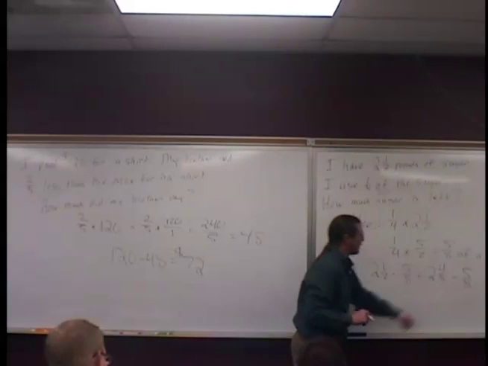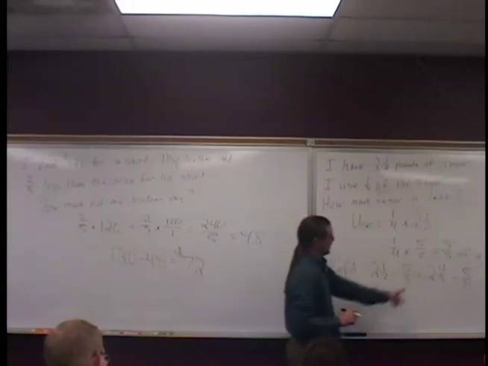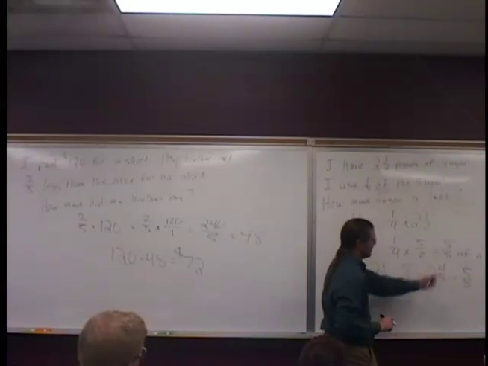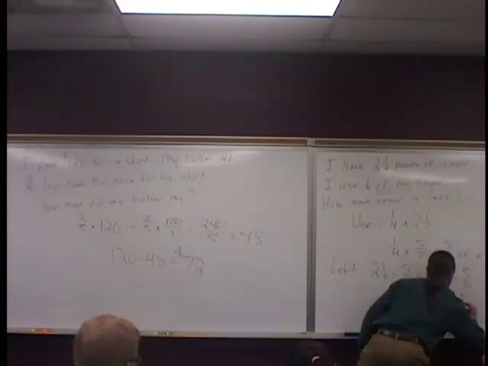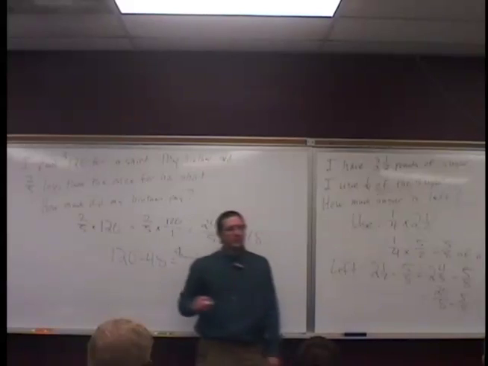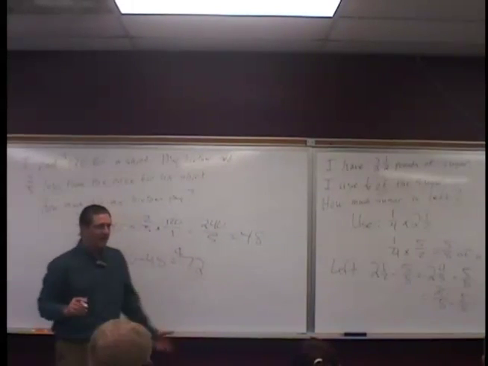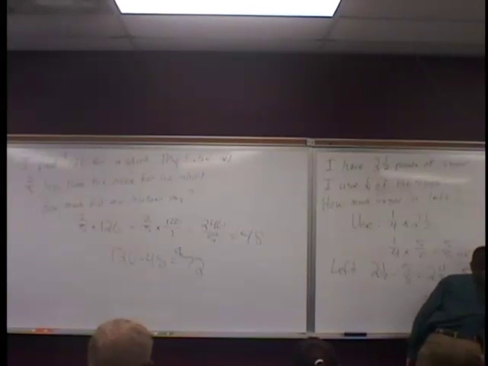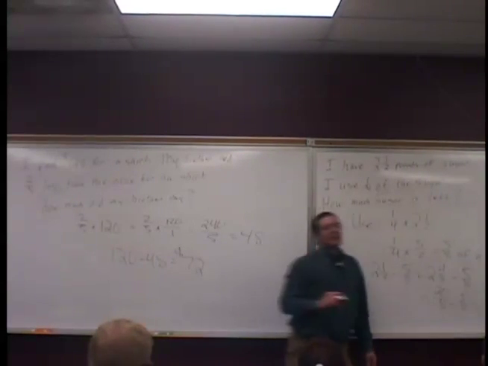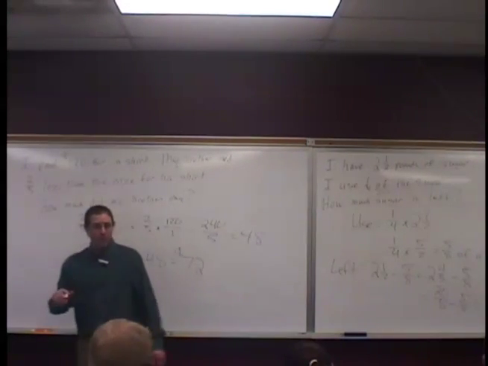Make this improper. 2 times 8 is 16, plus 4 is 20. 20 minus 5. 15/8 of a pound is what you have left.